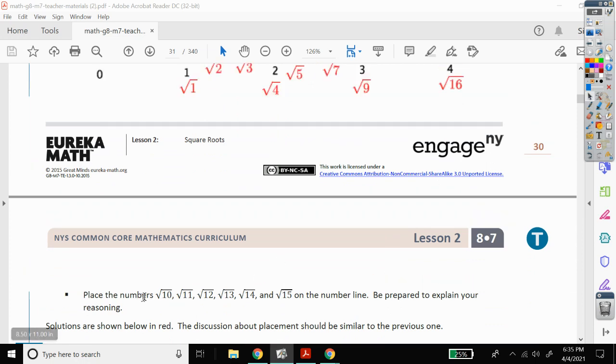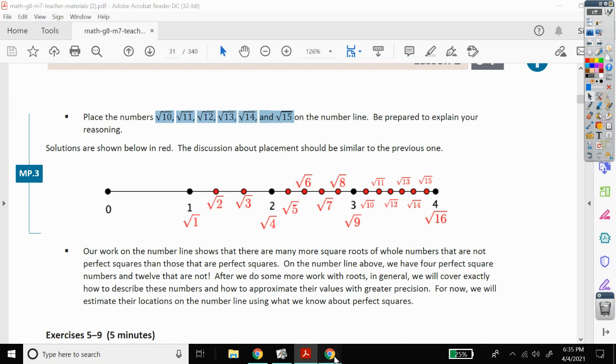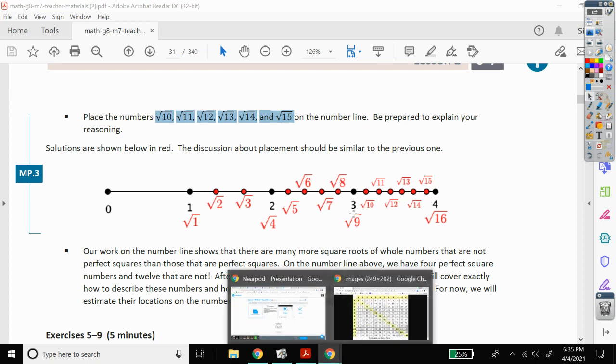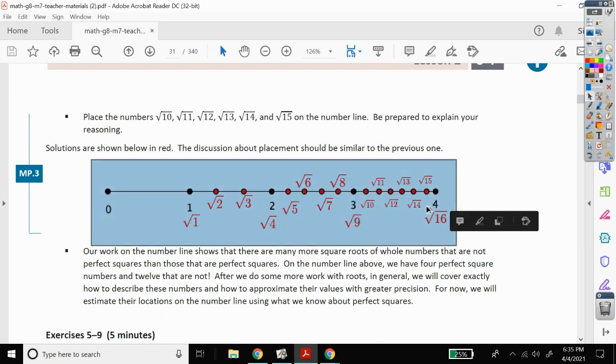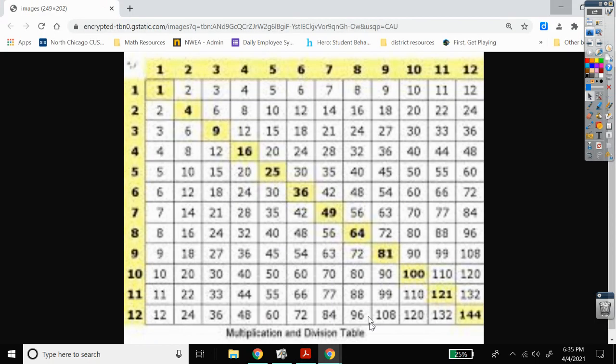And if you want to go on, the square root of 10, 11, 12, 13, 14, and 15 are obviously going to be between 3 and 4, because 3 is the square root of 9 and 4 is the square root of 16. So finding where the number goes on the number line is going to your doubles and saying, where is that number in between?